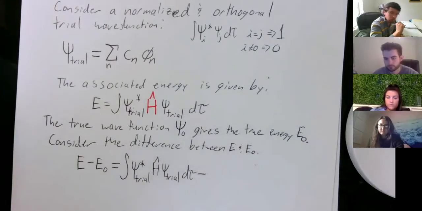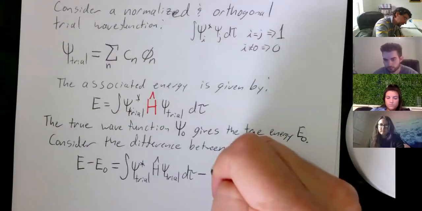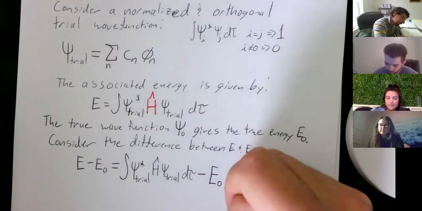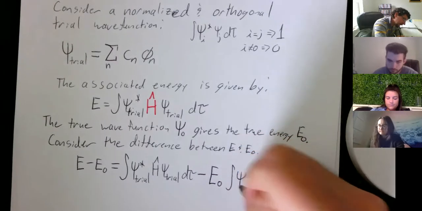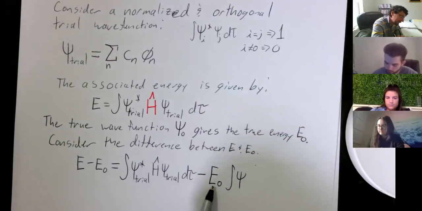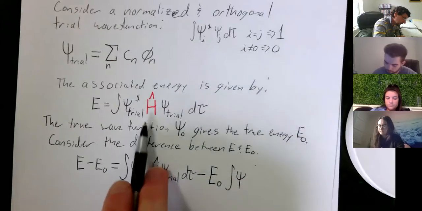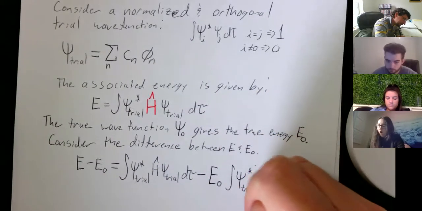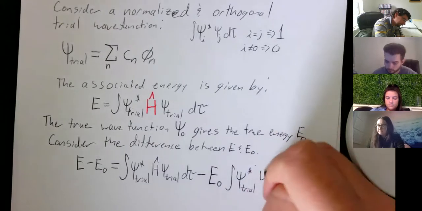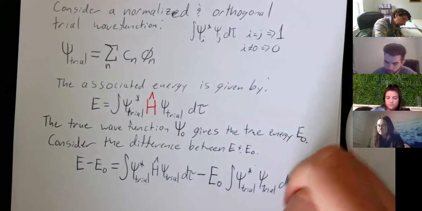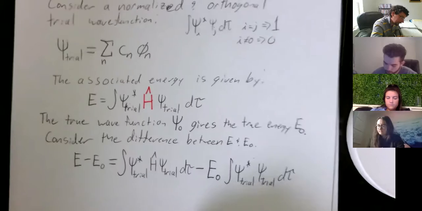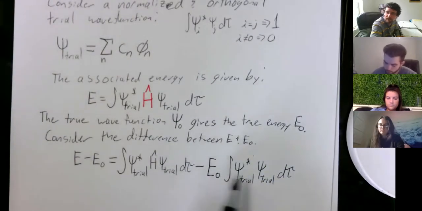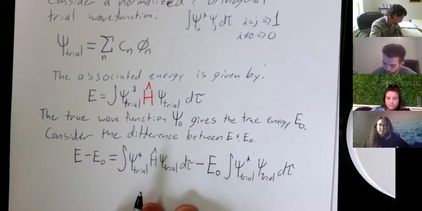However, we're going to do something a little bit trickier. We're going to put E naught here, and pretend our trial times this is actually equal to E naught. We could put in that Hamiltonian, but that's going to get us the same result. So we want to look at something a little different.